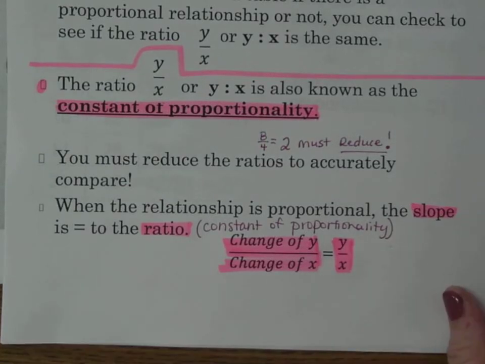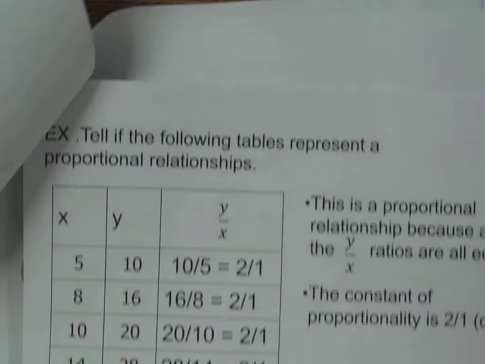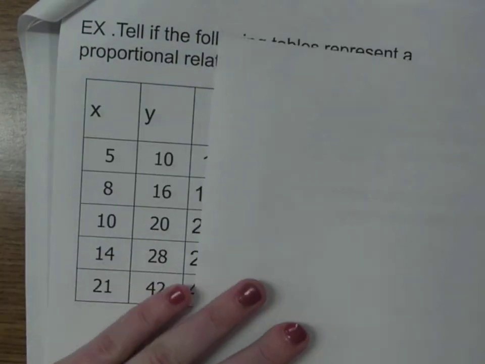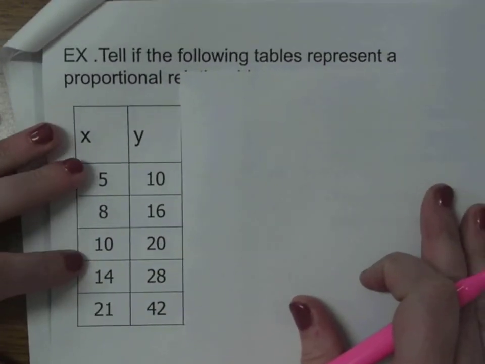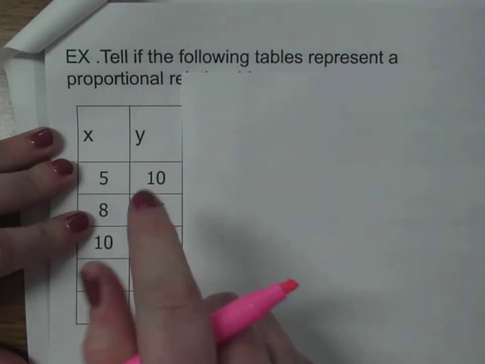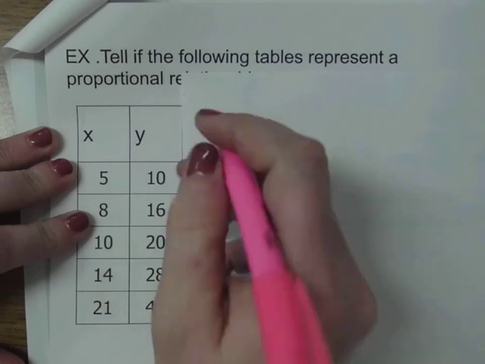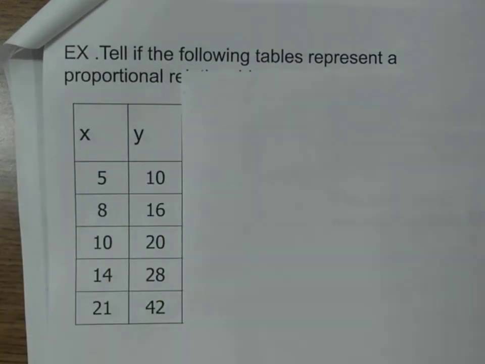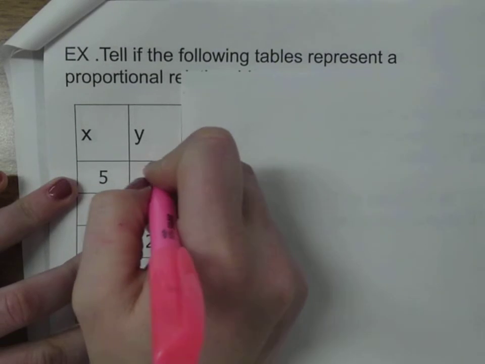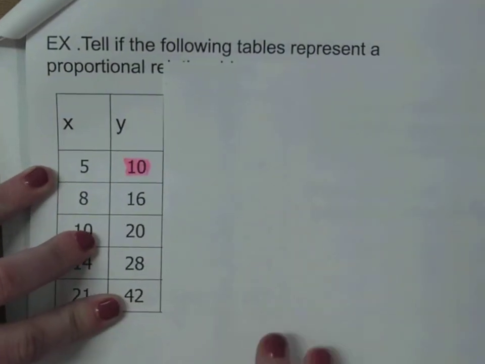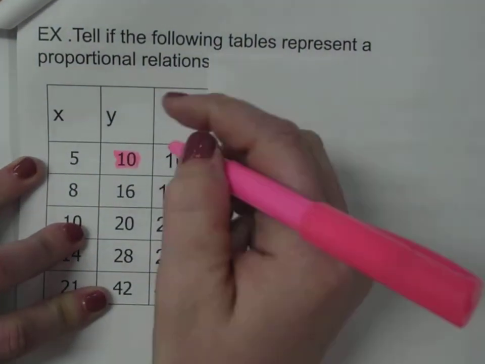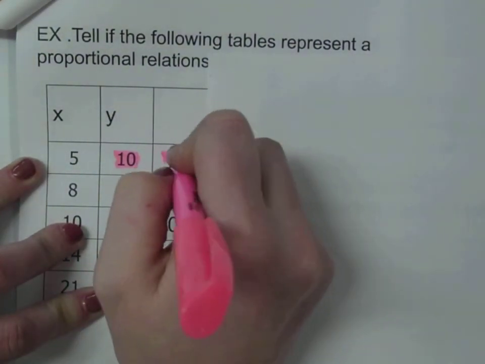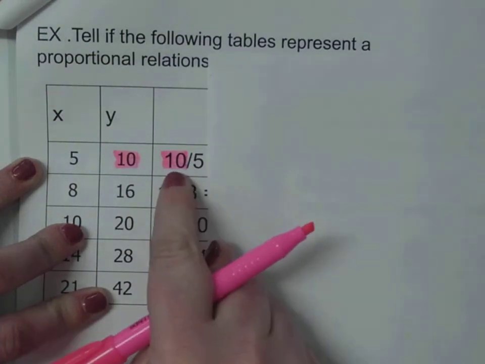So let me show you what that actually means now. If we have a table, I'm going to use two different color highlighters, so make sure you borrow a highlighter if you need one. You're going to take y and divide it by x.